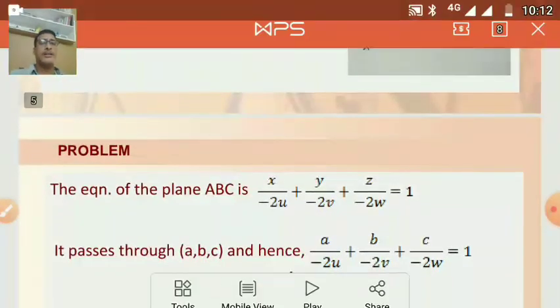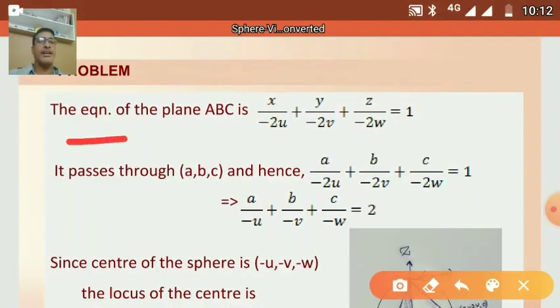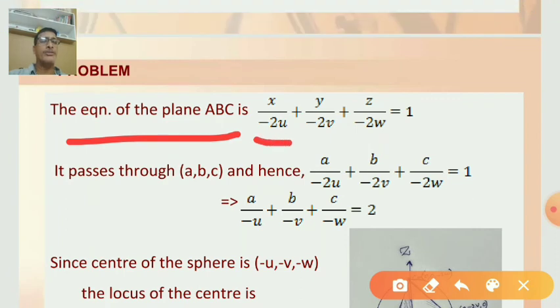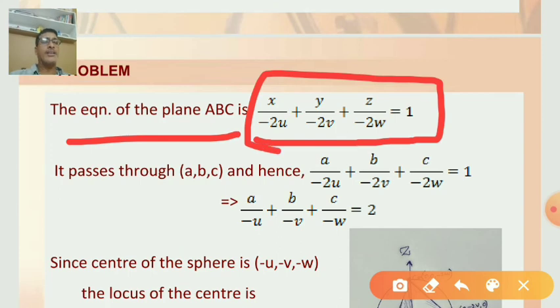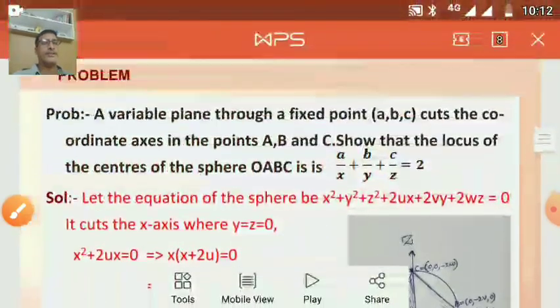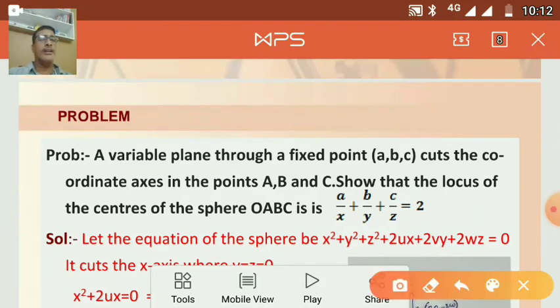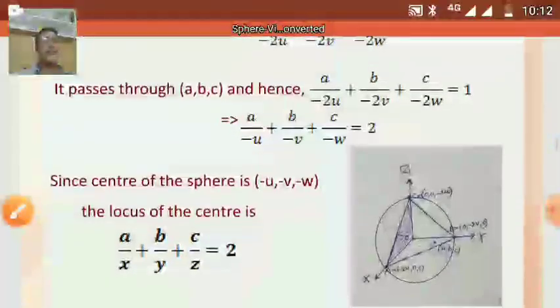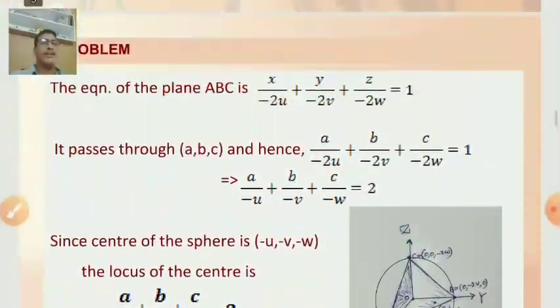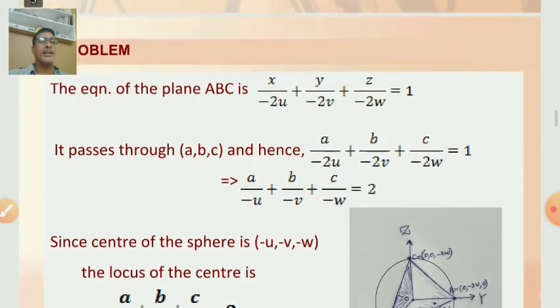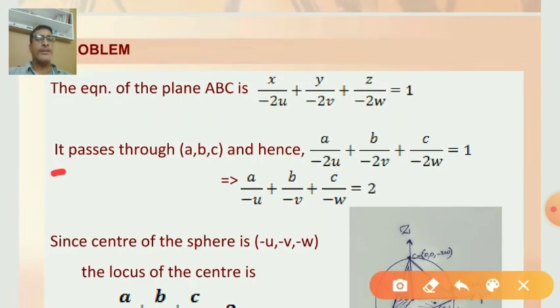Therefore, the equation of the plane ABC can be written as x by minus 2u plus y by minus 2v plus z by minus 2w is equal to 1. This is the equation of the plane ABC. By hypothesis, the plane is passing through the fixed point (a, b, c).